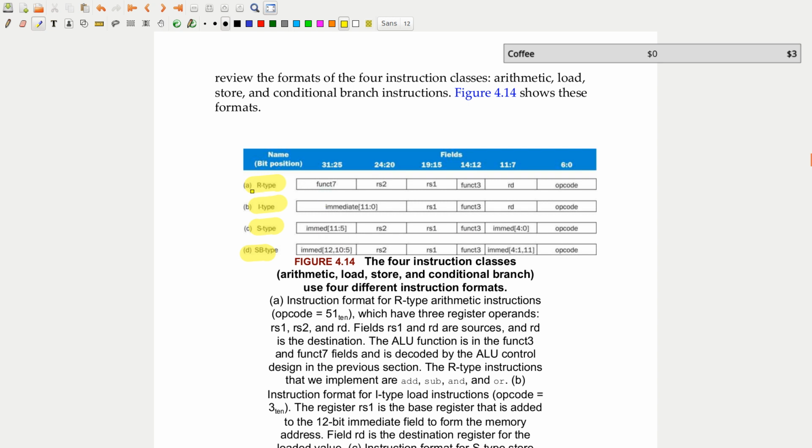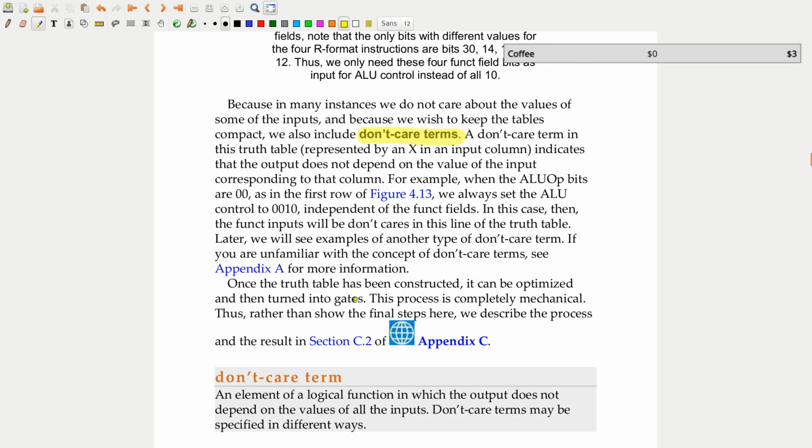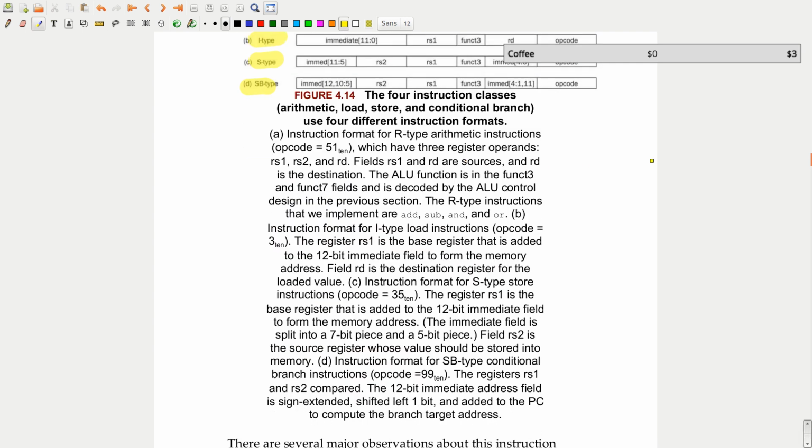Let's see, so this is going to be a register type instruction. This is going to be an immediate type instruction, so this will be a register and an immediate value. And then we have these S type instructions, which have immediate values. What's SB going to be? I'm not sure what SB is actually. Okay, so S is store.